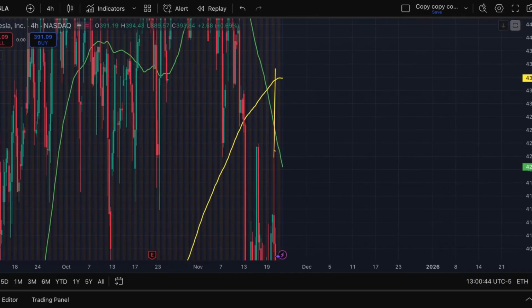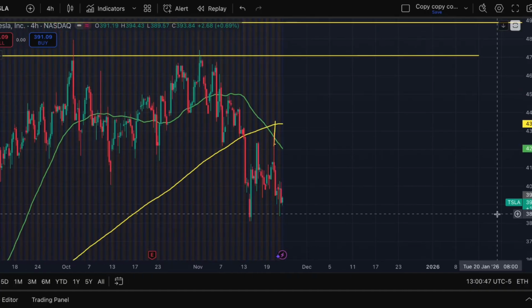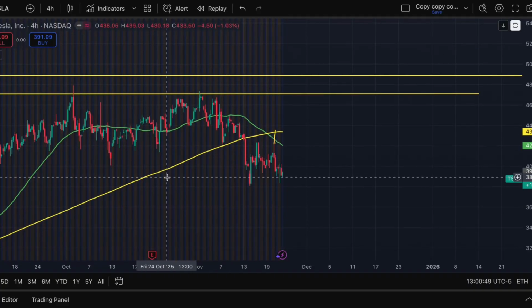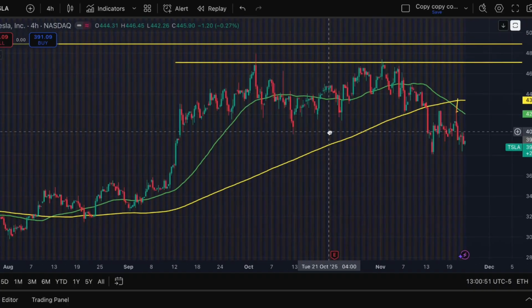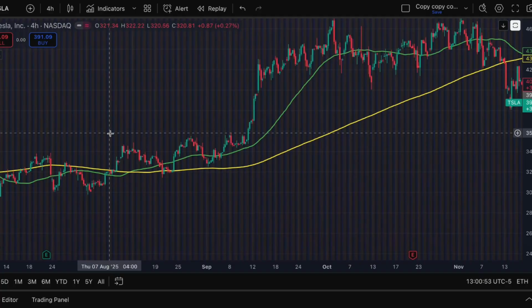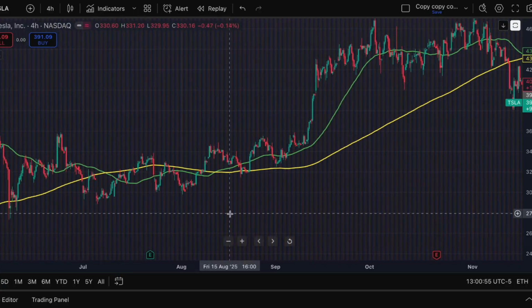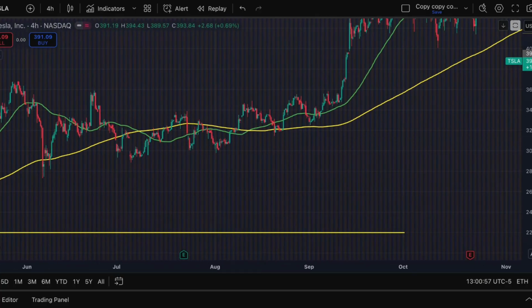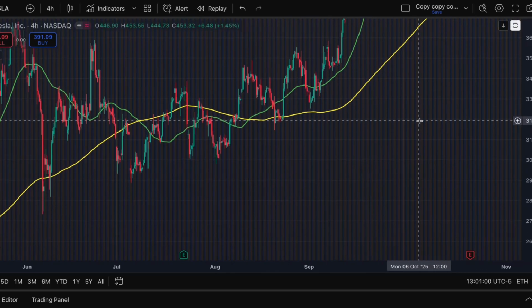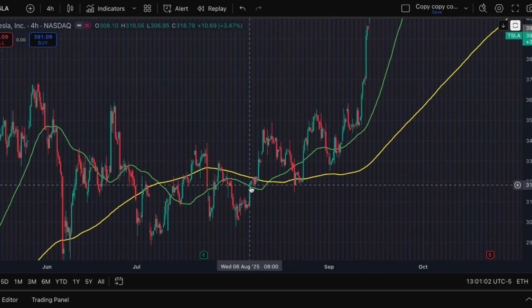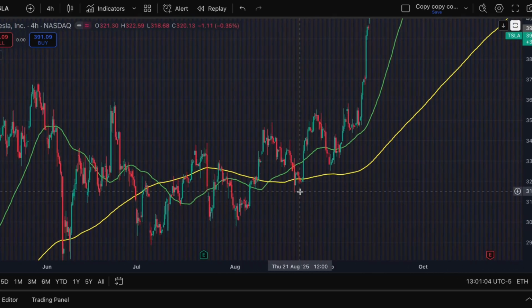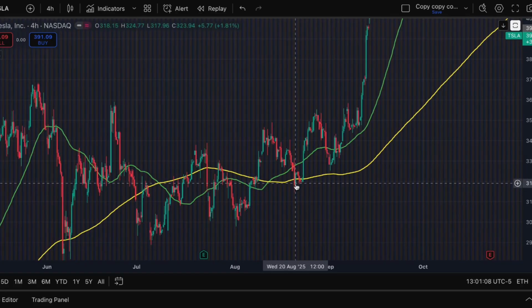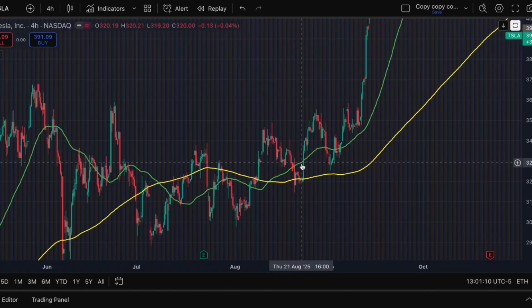Okay. So again, the same rules apply here, but this is where you would want to find your longer term entries. What you could have done right here is gotten an entry at this crossover. Now, again, you would have gotten stopped out here, and then we had that crazy explosive move.